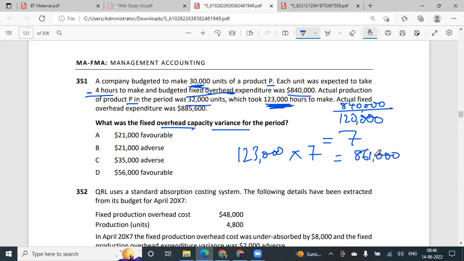8,61,000। और मेरा बजटेड प्रोडक्शन है कितना? 8,85,600, वो तो एक्चुअल है। नहीं, हाँ, बजटेड कितना है? Budgeted 1,20,000 into 7.